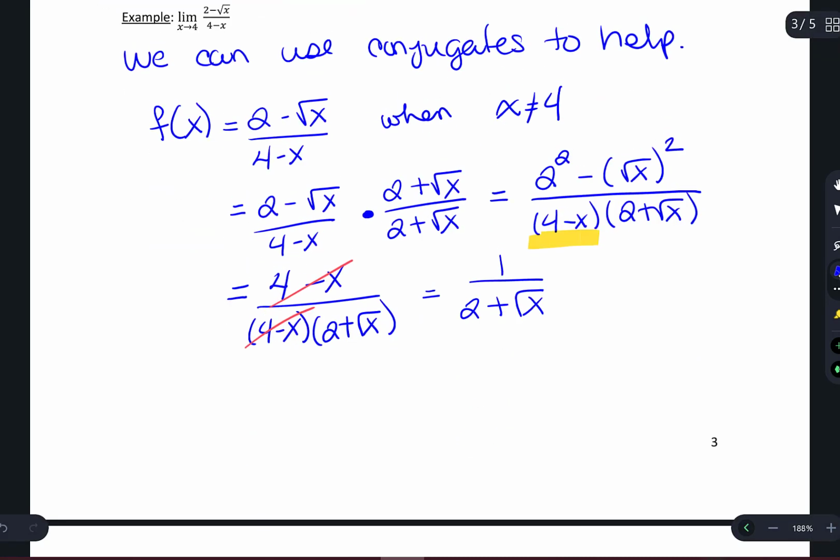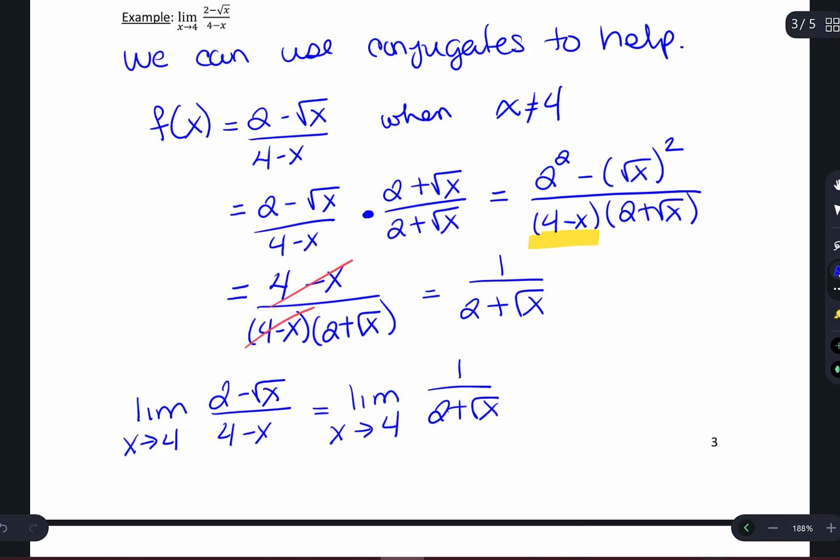And so what this ends up telling me is that the limit as x approaches 4 of (2 minus the square root of x) divided by (4 minus x) is equal to the limit as x approaches 4 of 1 over (2 plus the square root of x).